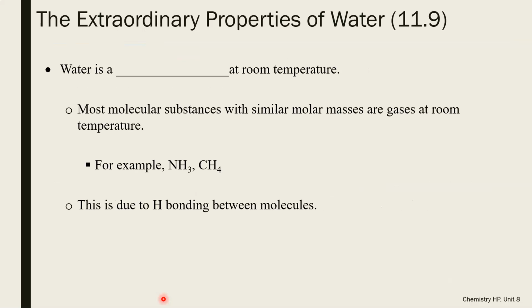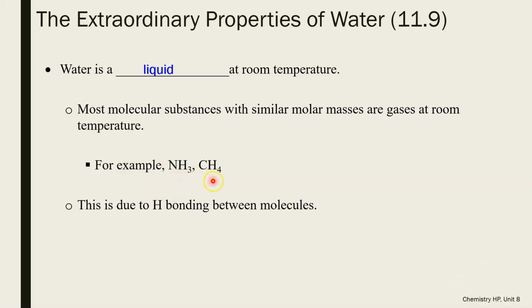I want to talk for just a minute about the extraordinary properties of water, just because water is quite interesting. What we find is that water is a liquid at room temperature, which is odd because most molecular substances with a similar molar mass to water, pretty small, are gases at room temperature. We think about ammonia and methane.